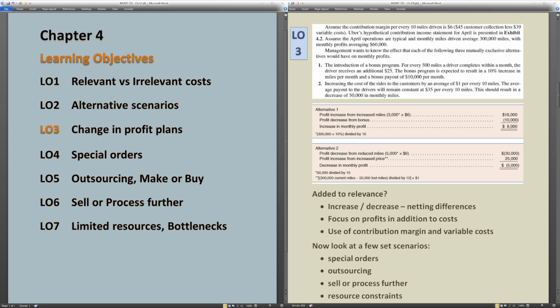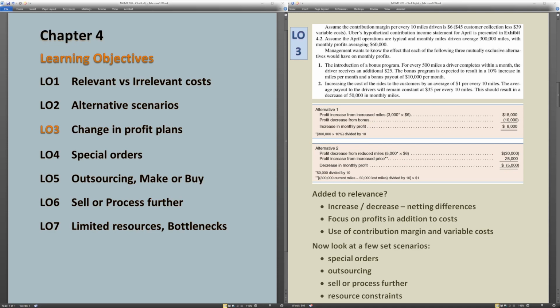So every 10 miles, it's an additional $6. So how did they come to the number up there? Profit increase for miles. Well, if the average is 300 miles, again looking at the top, and they're going to increase that by 10%, so that's 330 miles, or the difference is an increase of 30,000 miles.